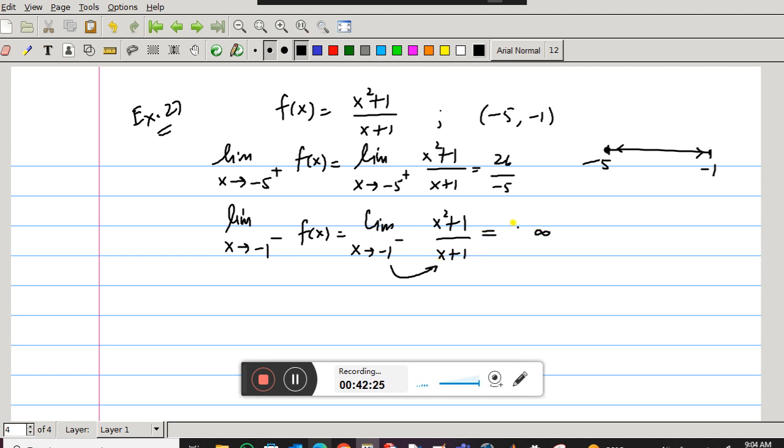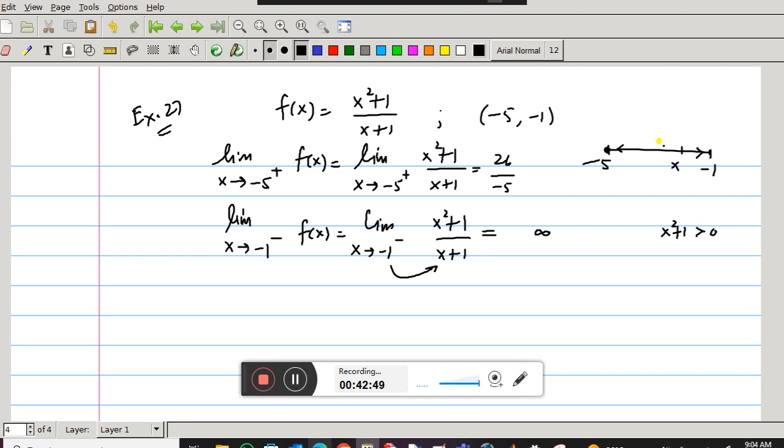So it is going to infinity, but I have to check whether plus infinity or minus infinity. I will see x square plus 1 is always positive, so that will remain plus. But here, minus 1 minus means the values are on the left.